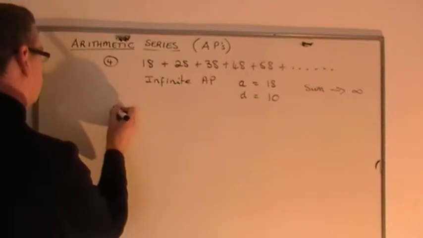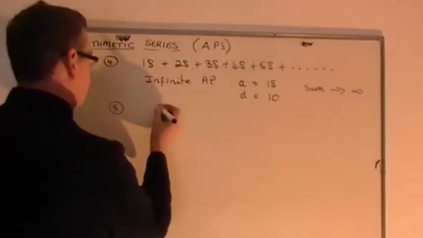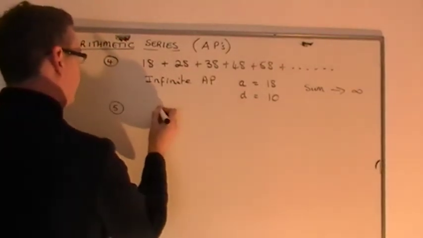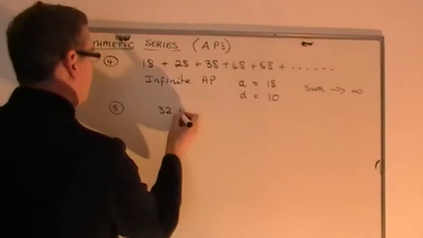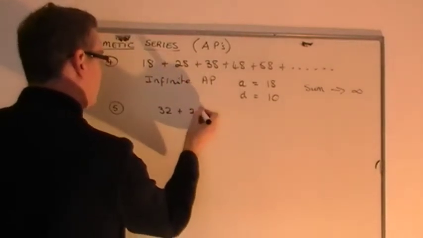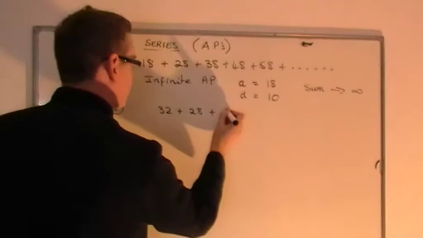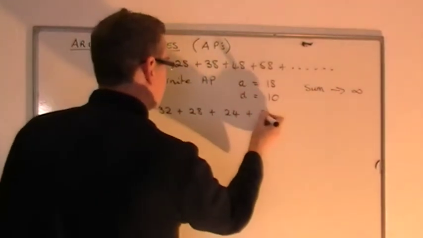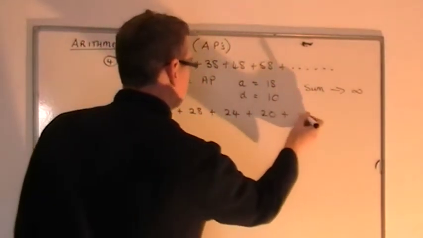Okay, if I have a look at number 5, you might have one like this. You might have 32 plus 28 plus 24 plus 20 plus dot dot dot.